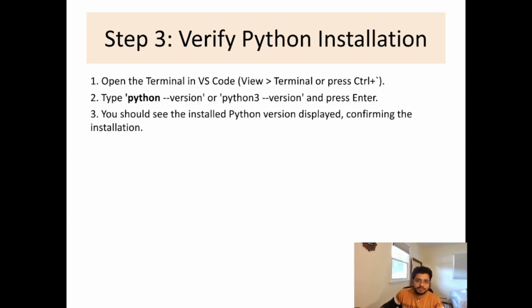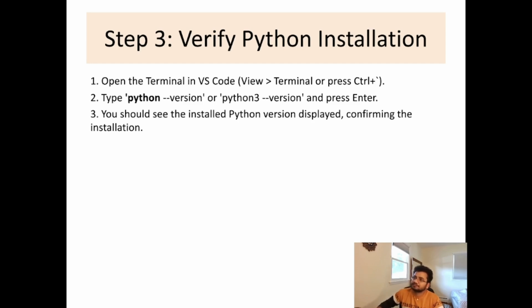It would open the terminal and then you type python --version. It would print the Python version. If you have Python 3, you just type python3 --version and press enter. If you see something like Python and the Python version number, then that means your Python is correctly installed. Otherwise, there is some issue in the installation.